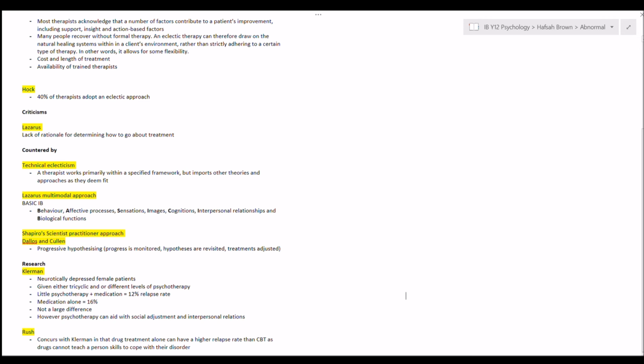So he was looking specifically at neurotically depressed female patients, and these patients were given either tricyclic antidepressant or psychotherapy or a combination.